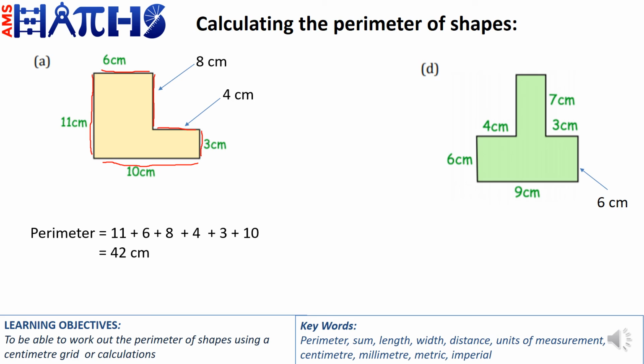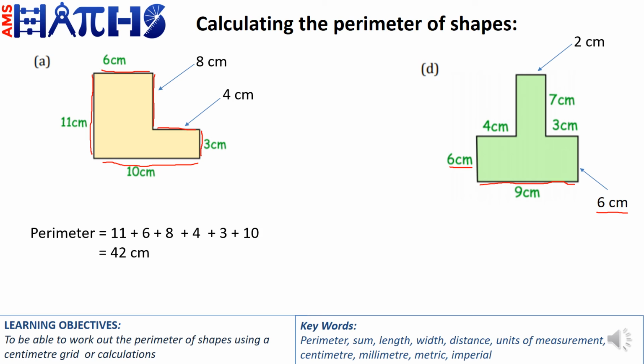We have a few missing lengths. The first one indicated is this 6 centimeters. It is opposite to this length, which is also 6 centimeters. We also have this missing length to work out. Now the total length on the bottom is 9 centimeters.